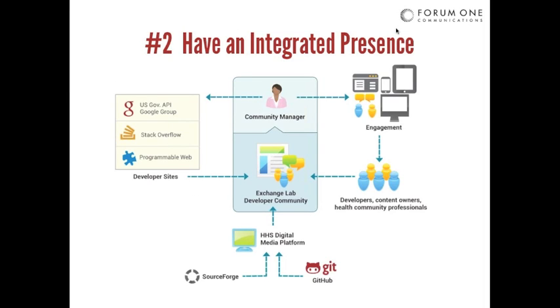Our second recommendation is to integrate developer resources across relevant properties. That means integrating resources across your developer section, GitHub, and other developer sites. So for instance, if you're a government agency, a nonprofit, an association, or an NGO, you should consider having a section of your site specific for developers.